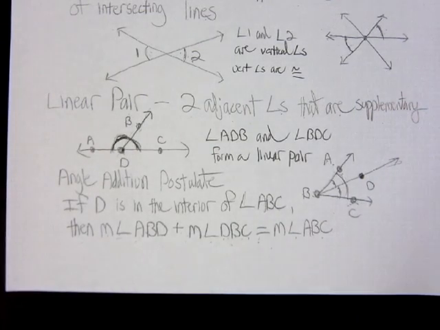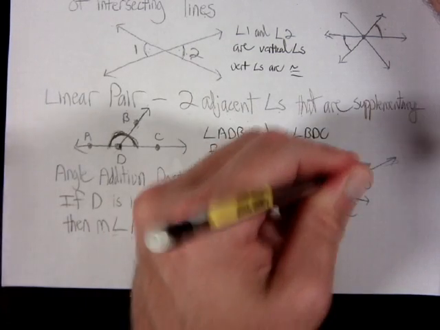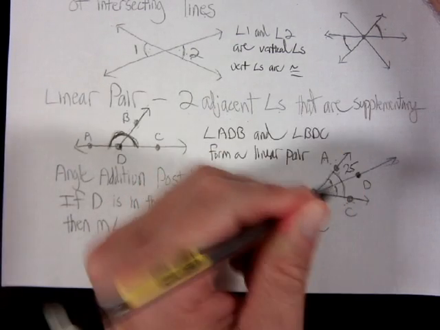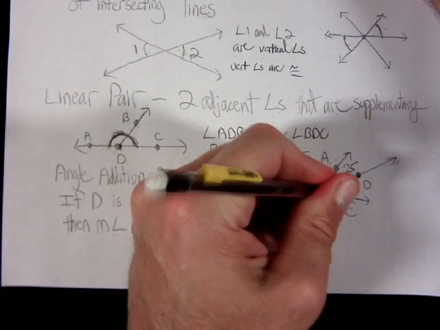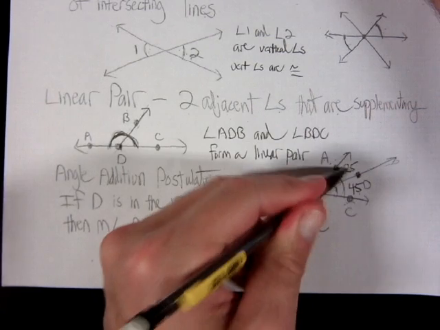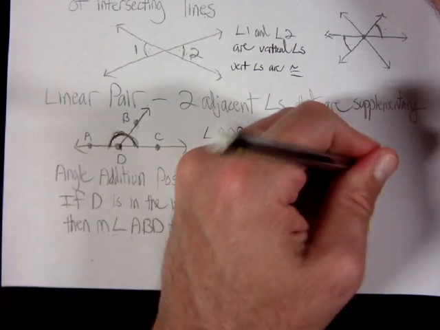So if the top angle, angle ABD, was 25 degrees, and the bottom angle, DBC, was 45 degrees, if I add those two together, I would get the bigger angle ABC, which would be, in this case, 70 degrees.